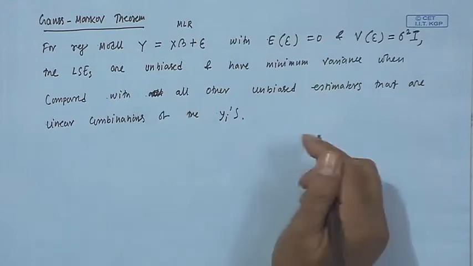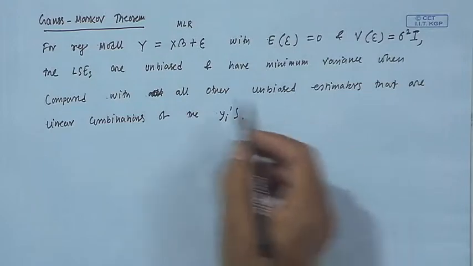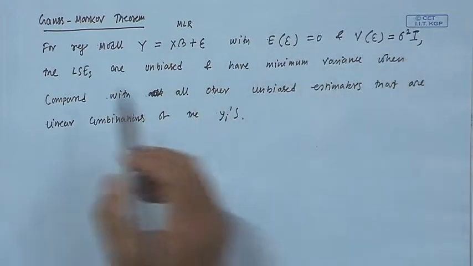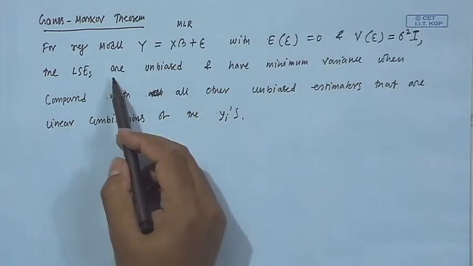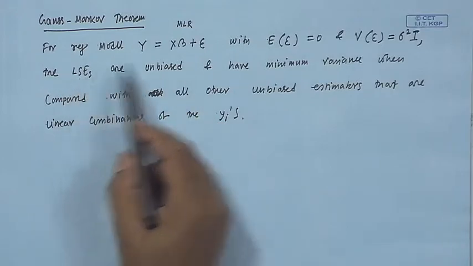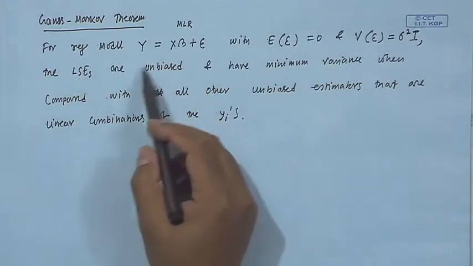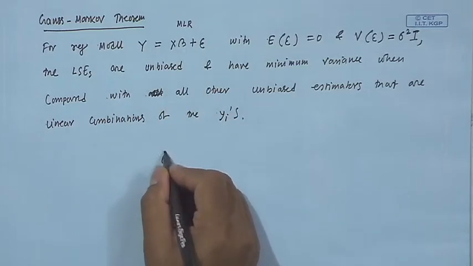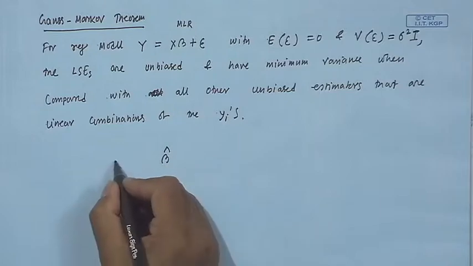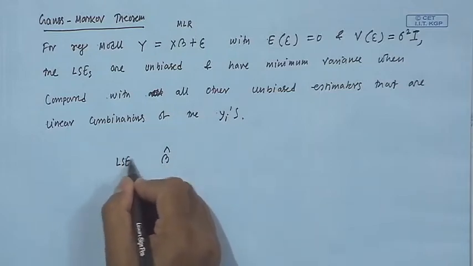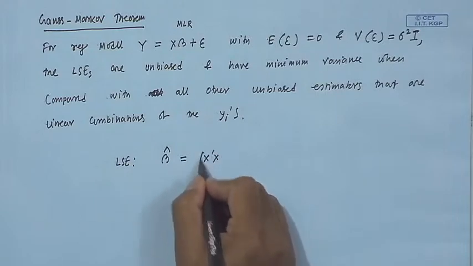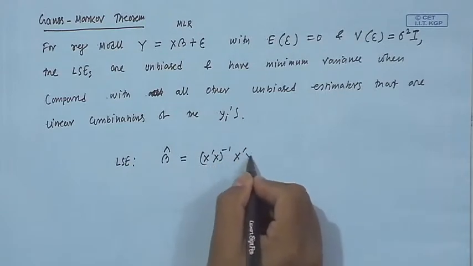Okay, so what this Gauss Markov theorem says is that for the multiple linear regression model satisfying the basic assumption, we apply the ordinary least square technique here, and we know the estimate. We know that beta hat using least square estimate is equal to x prime x inverse x prime y.